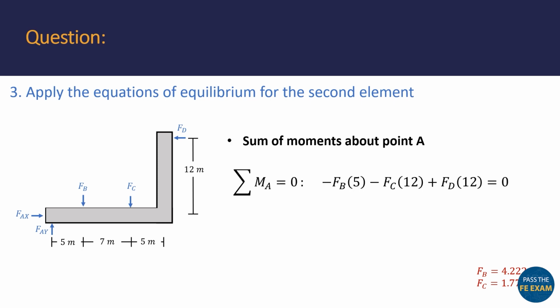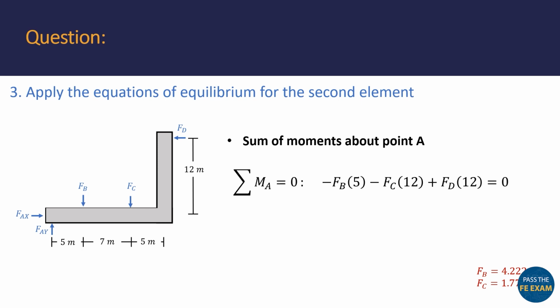By taking anti-clockwise as our positive direction again, forces FB and FC cause negative moments about point A, and they work in at distances of 5 meters and 7 meters respectively. Our unknown force FD causes an anti-clockwise moment about point A, and it works in at a perpendicular distance of 12 meters.